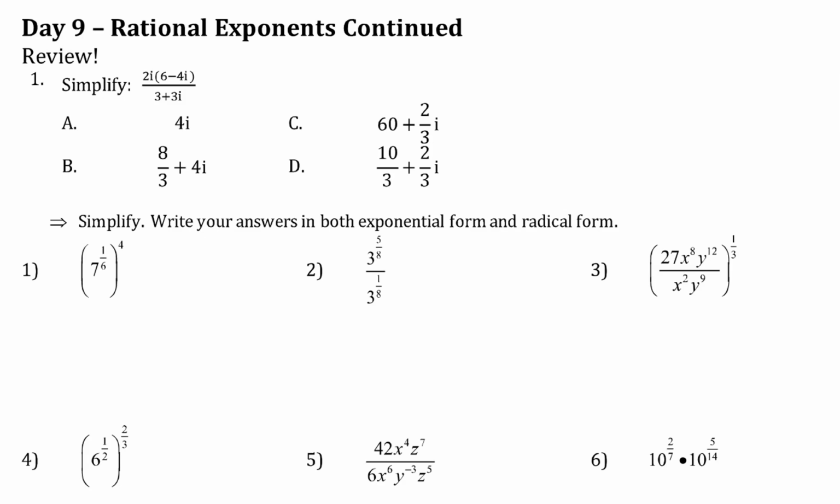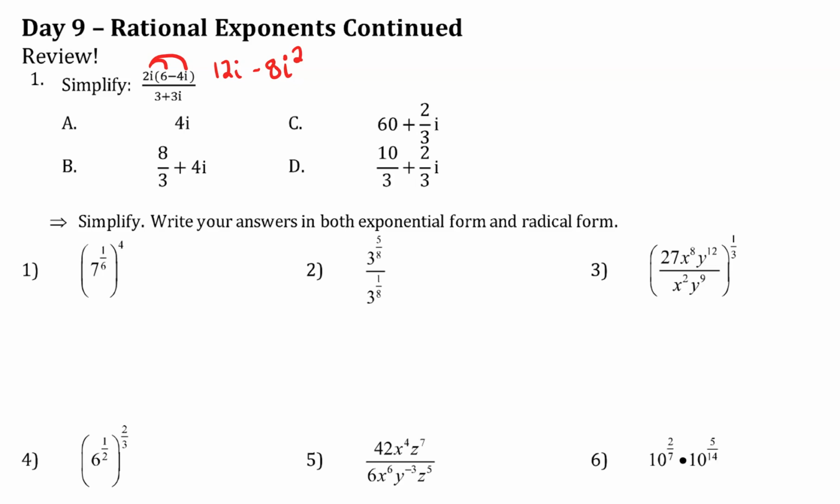So the first thing you're going to do is distribute to get rid of the parentheses. So 2i times 6 is going to be 12i. And then 2i times negative 4i is going to be negative 8i squared, because we have i times i.